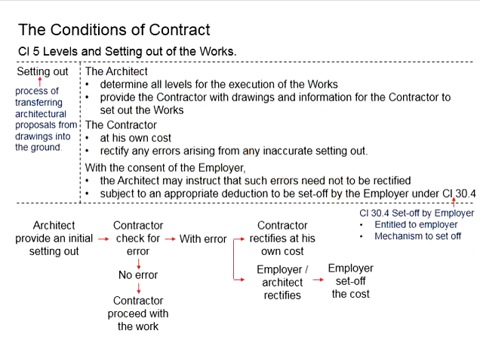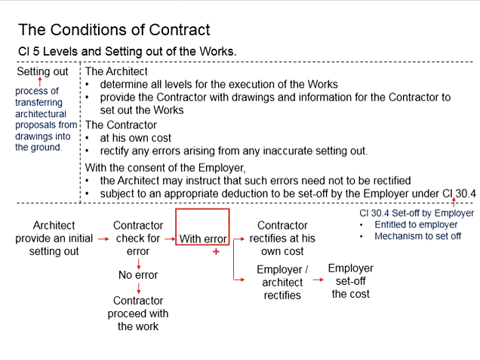Normally, there will be an initial setting out given by the architect, and it is the obligation of the contractor to check if there is any error, so that it doesn't violate the local authorities in terms of the lot boundary, as well as the precision of the works.